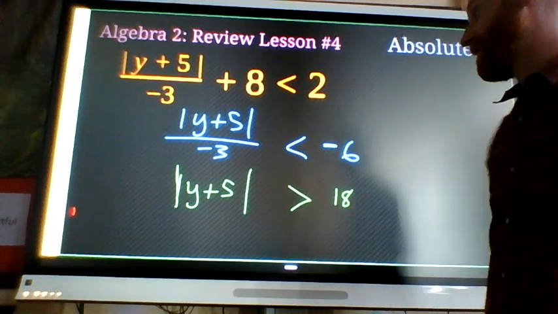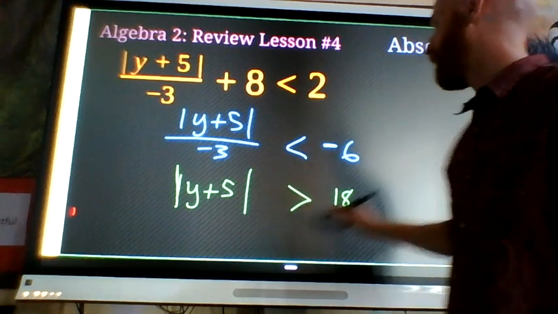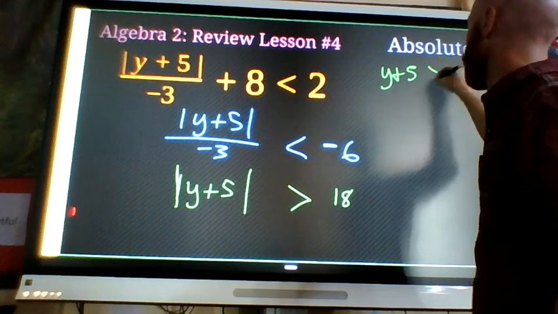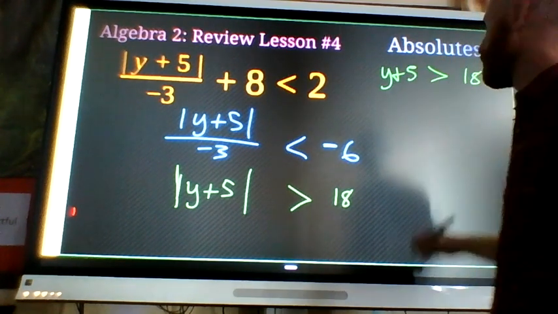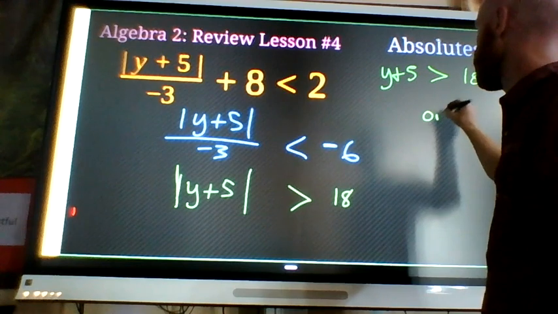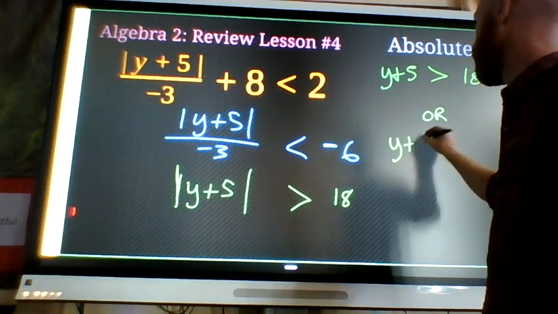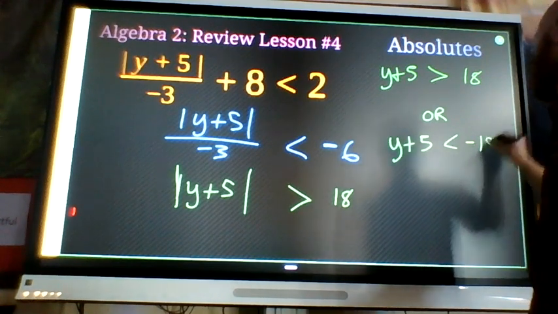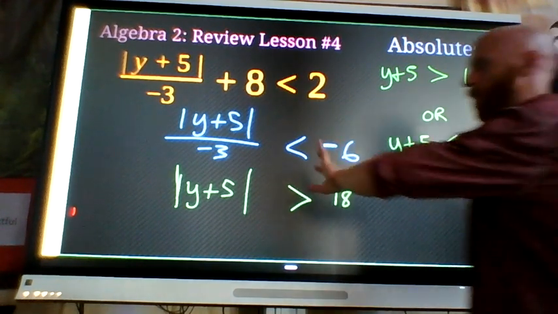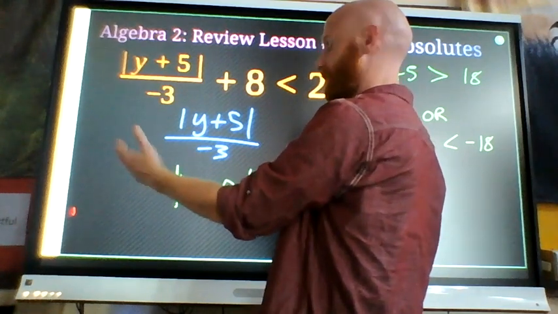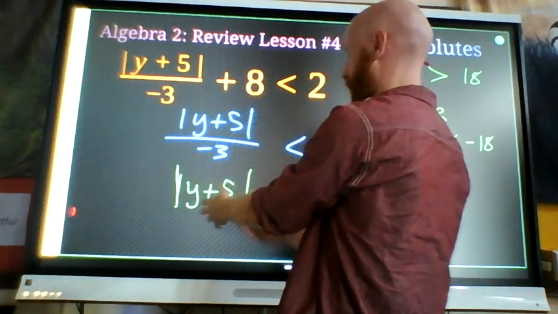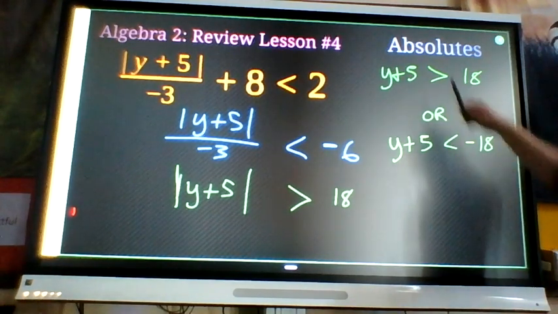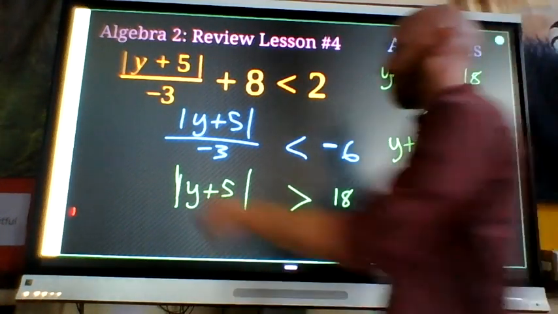When you have a greater than situation, it means y plus 5 can itself be bigger than 18, or y plus 5 can be smaller than -18. All right, if it's smaller than -18, like -20, absolute value will make it +20, and it still makes this true.